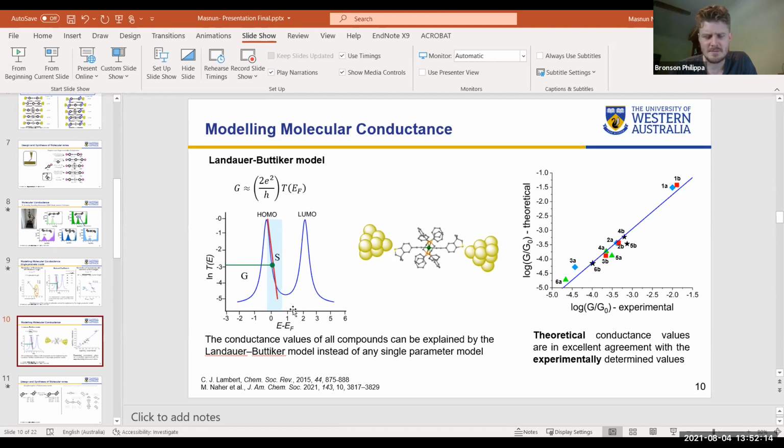Would you need different metals in the tips? Yep. So we can use the same series of compounds, and we need different molecules to get this rectification. Just different molecules. You still use two gold tips. Yeah. We can use different molecules for the rectification. Okay. All right.